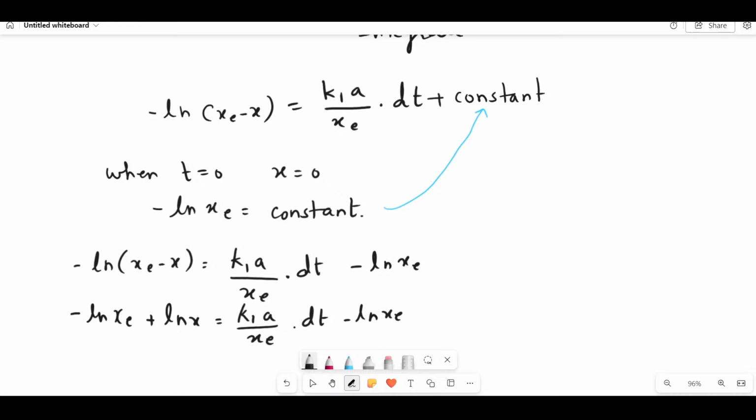Or similar terms together. Over here, that is plus ln of xe is equal to k1a by xe into t.